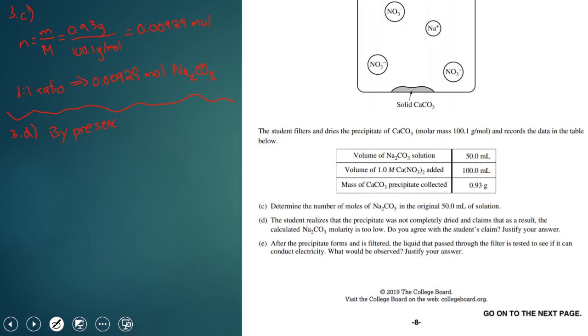by presence of water, the number of moles of CO3 will be higher.